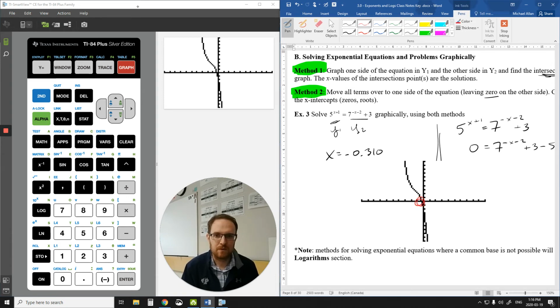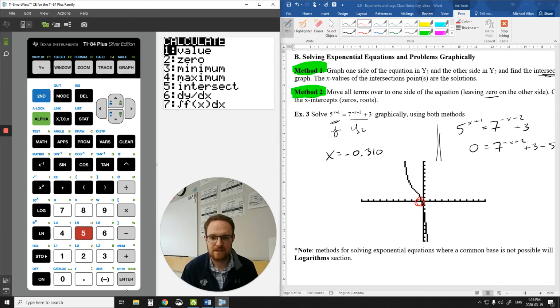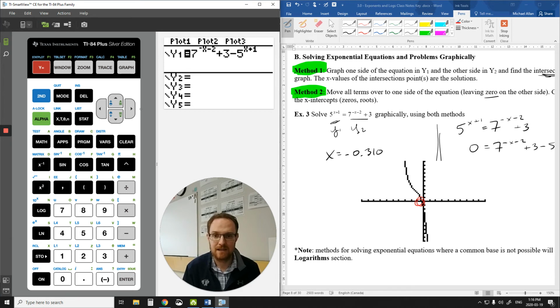All right, so we're going to find that. We're going to go second trace, intersect, enter. Oh, we don't have an intersection point, so we can't do the intersection on this one. If we only have one line like we have here, we can't do intersection.